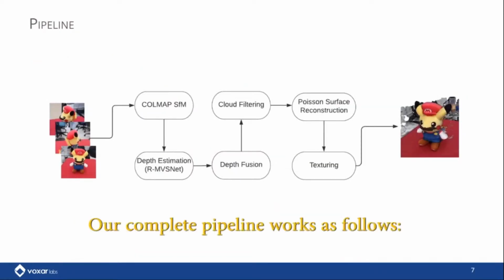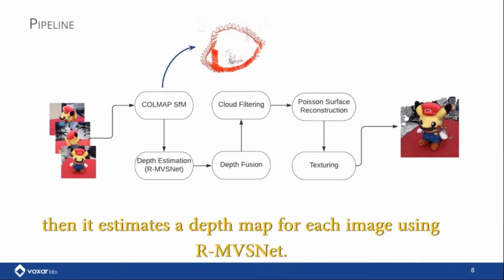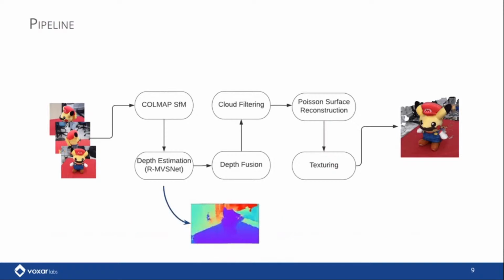So, our complete pipeline works as follows. First, it inputs a set of images and makes an estimation of the camera localization using the structure from motion from COLMAP. Then, it estimates a depth map for each input image using the R-MVSNet.